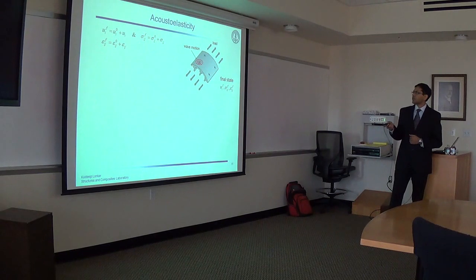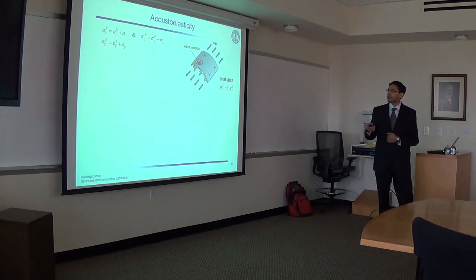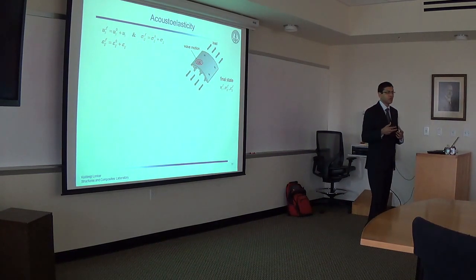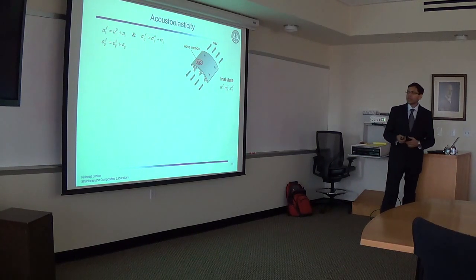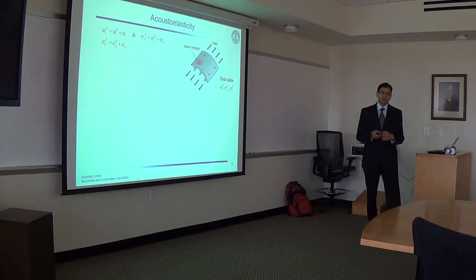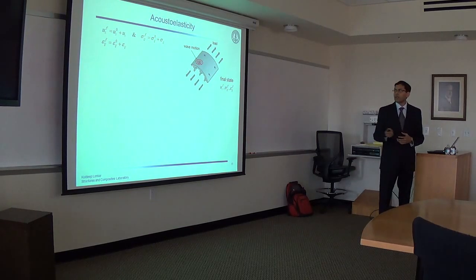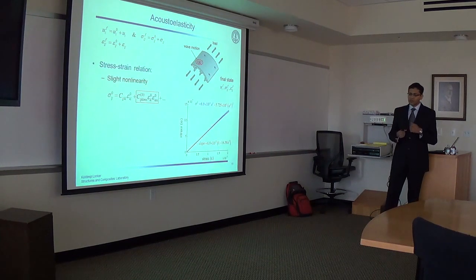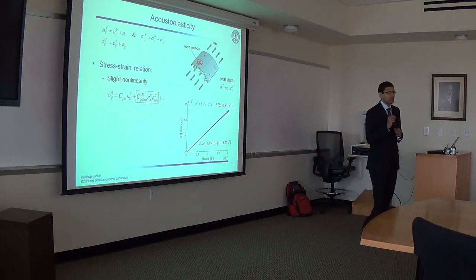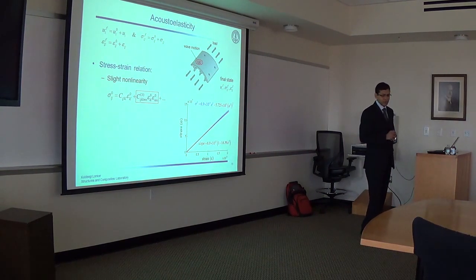So the displacements in the final state, UF, can be written as U0 plus U, where U is the incremental displacement because of the wave motion. And similarly, we can write sigma F as the sum of sigma 0 and sigma, and epsilon F as epsilon 0 plus epsilon.